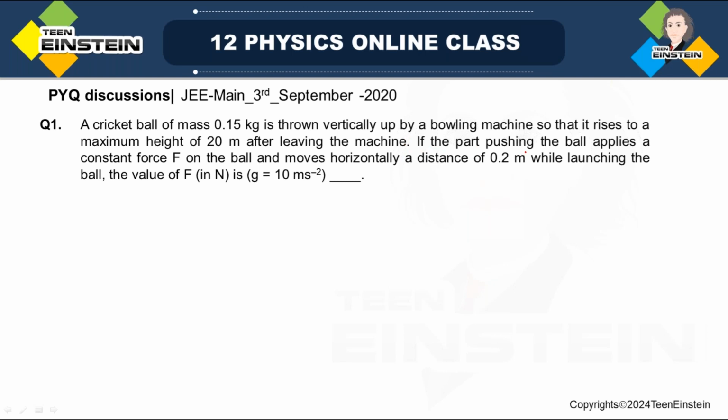If the part pushing the ball applies a constant force on the ball and moves horizontally a distance of 0.2 meter while launching the ball, the value of F is dash in Newton. You have to find out what is the value of the force.